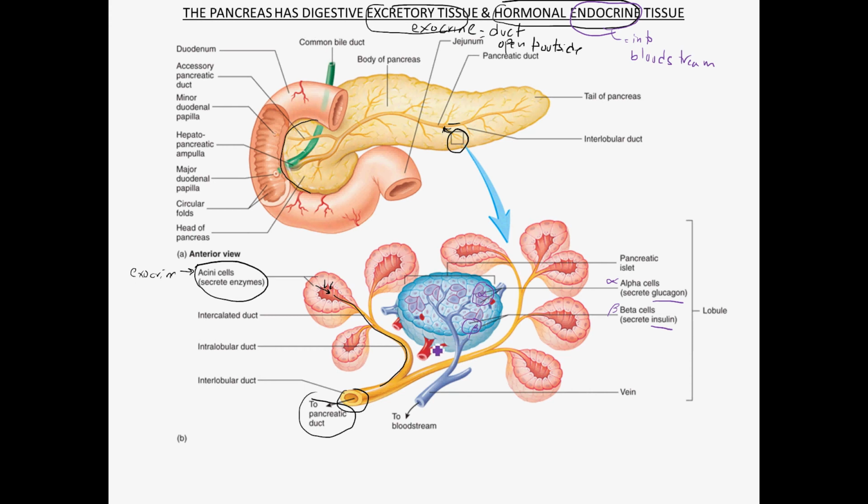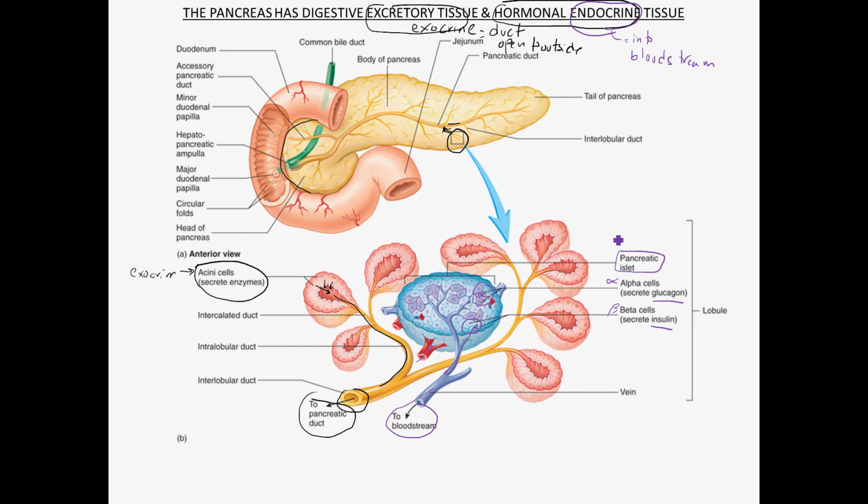They are in close proximity with capillary beds, so we have blood going in this way, and we have blood coming out that way. And this is going then to the bloodstream. These pockets of tissue that exist are in these pancreatic islets. Right? An islet, a small little hole. These little pockets of tissue are endocrine in nature, but again, the majority of the pancreas is going to be exocrine in nature.